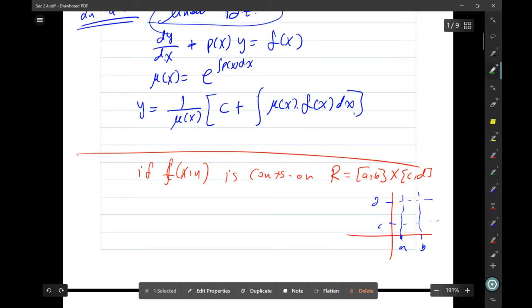This is the region. If the function f of x,y is continuous on this region R, then f sub xy is equal to f sub yx.